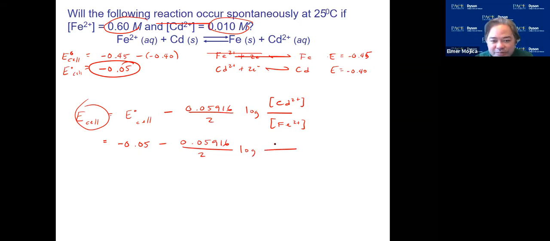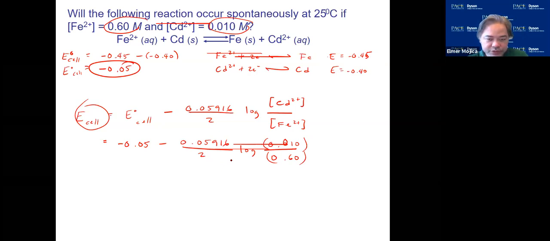So I have it here. What do I have? 0.01, and the other one is 0.60, right? So what is the answer? Usually, what do I get here?